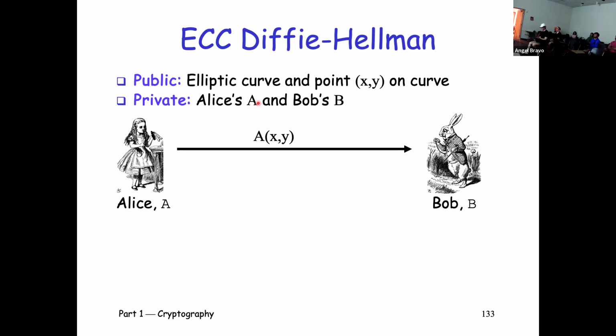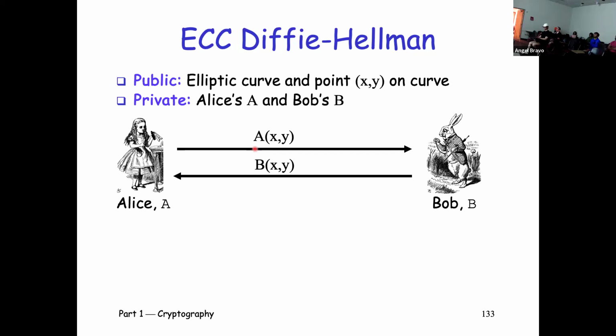So what is going to happen is, normally we share public keys. Here it says to multiply a random value picked by Alice, A, times the point here.